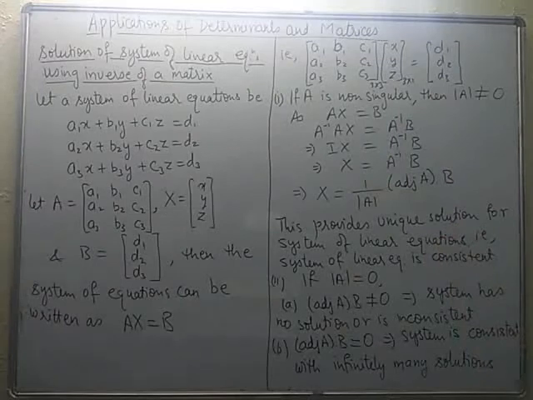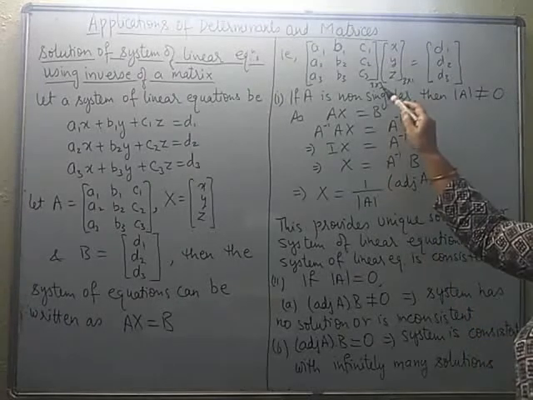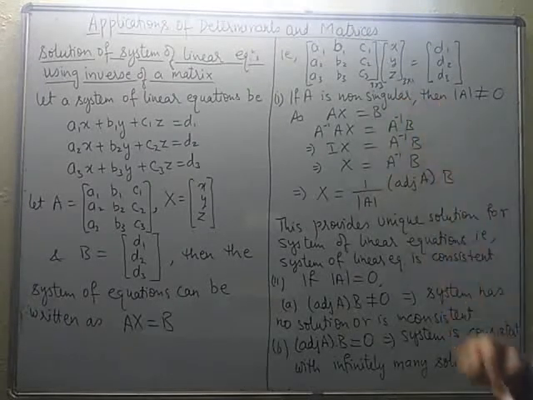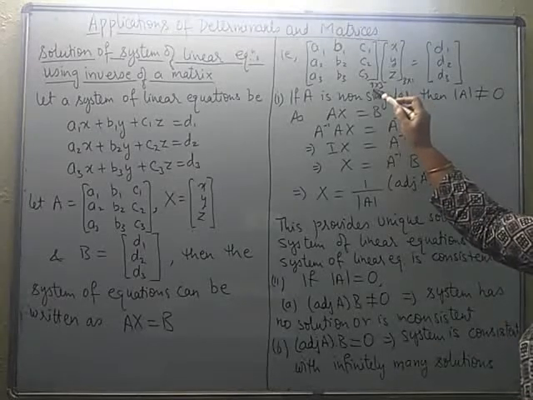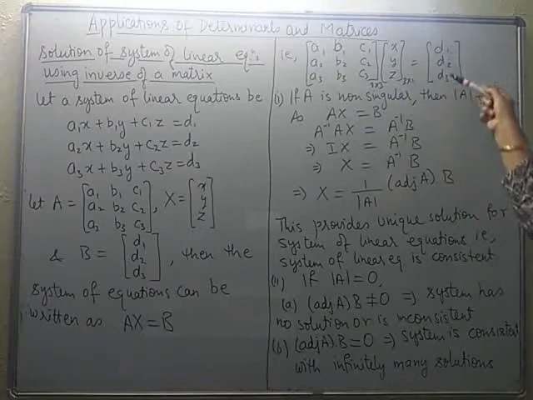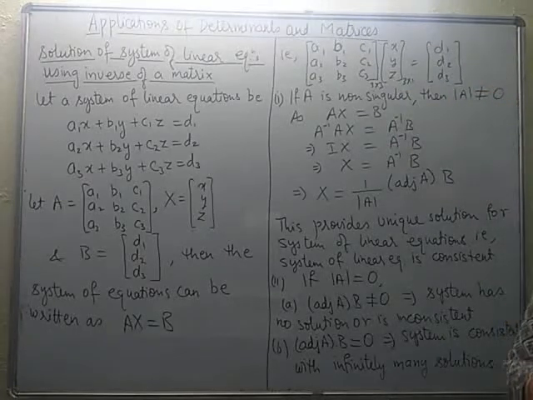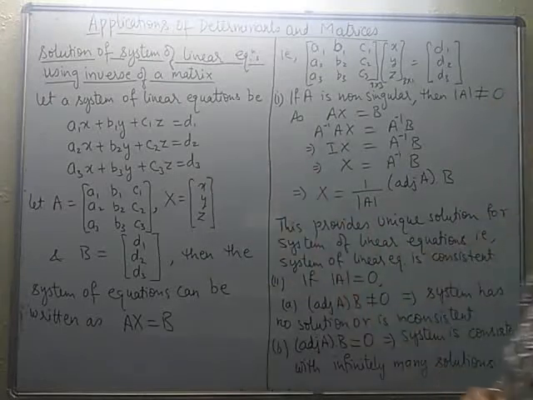So we know the product is possible because the number of columns of the first matrix and the number of rows of the second matrix are equal. Moreover, the resulting matrix will be of order 3 cross 1. You can see the matrix on the right hand side is of order 3 cross 1. So let us quickly check: on taking matrix multiplication, are we going to get this or not?